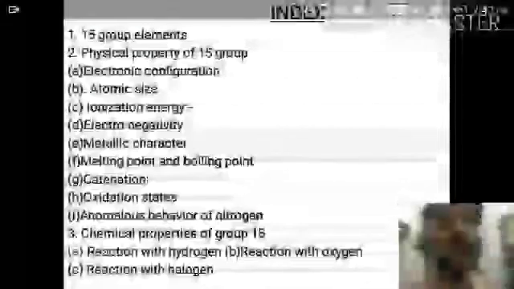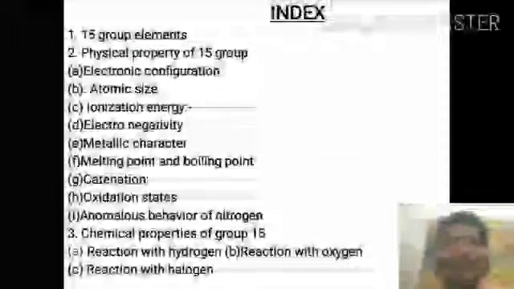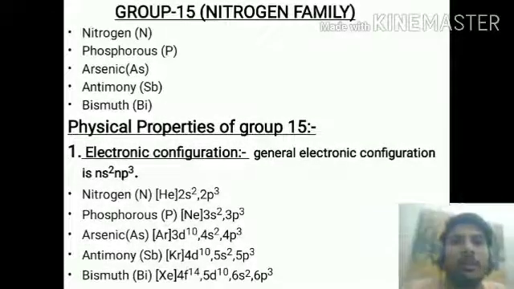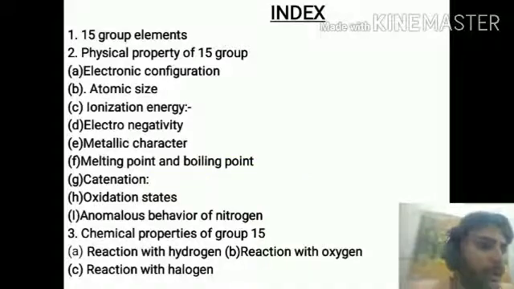First, we have to see what we will study in the P block elements. The index is given. First one is the properties of group 15 elements, their general physical and chemical properties.